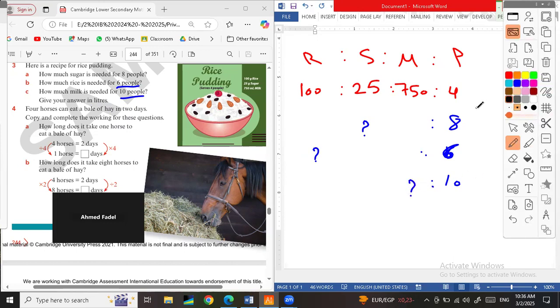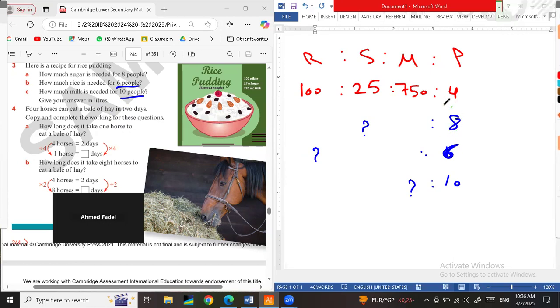Let's start answering this. We use exactly the same technique that we used in the first lesson, the previous video, for using ratios. Here I have 8 people. First, I need to determine if this is direct proportion or inverse proportion. It is definitely direct proportion. Why?